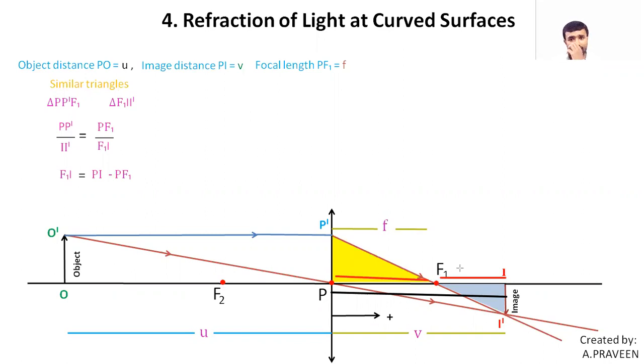So PI equals PF1 plus F1I. The total length is divided into two parts, PF1 and F1I. So PI is equal to PF1 plus F1I. From that, F1I equals PI minus PF1. Is it clear or any confusion?